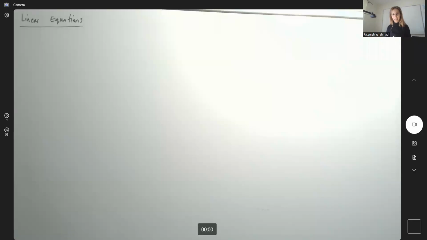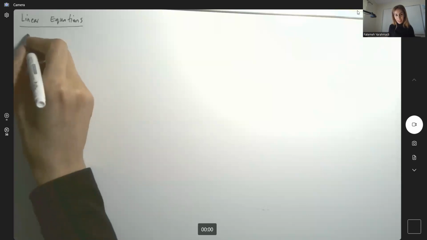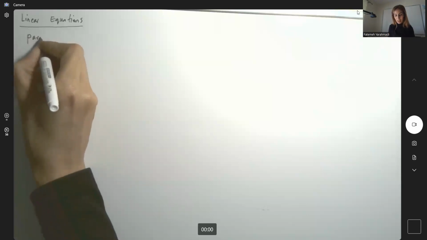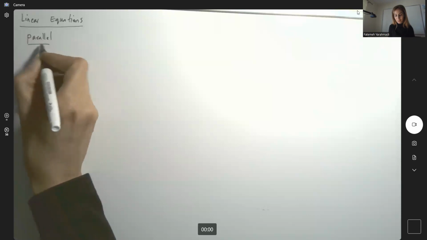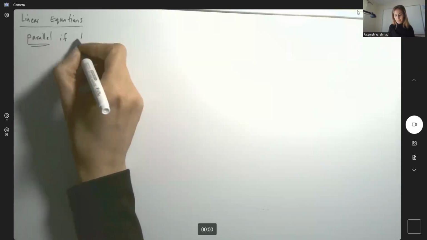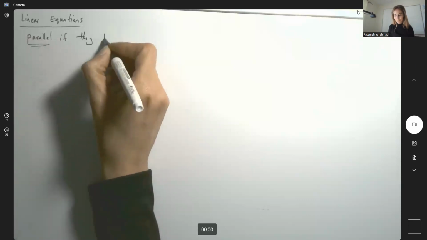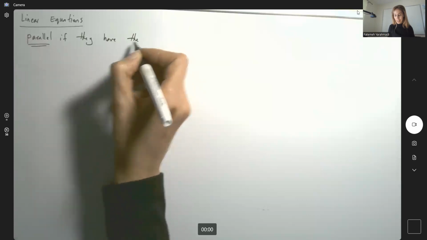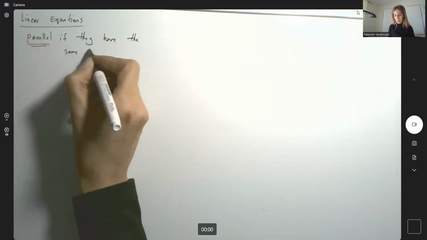Very good. So let us connect the definition of slope to parallel and perpendicular lines. We say that two lines are parallel to each other if they have the same slope.